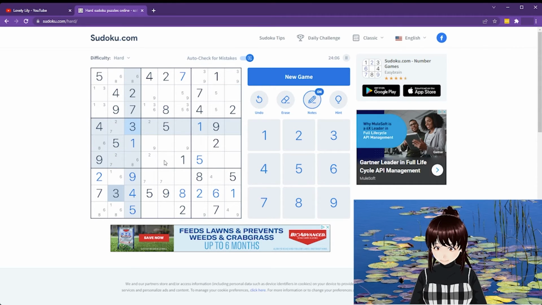So, 3. For 3, any of these 3 can be 3s. So that means any of these can be 3s. So we don't have any clues there. We move on. 4.